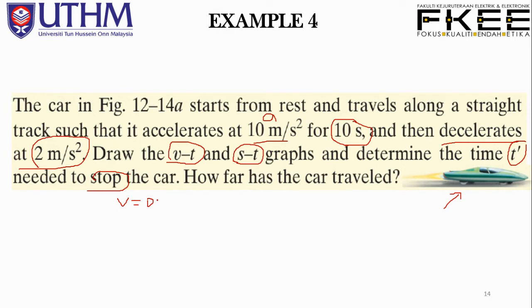To stop the car, how far has the car traveled? Again, we need to find the total s at t equal to t prime, at the new t prime. So you need to find the new t first before you find the total distance the car has traveled.